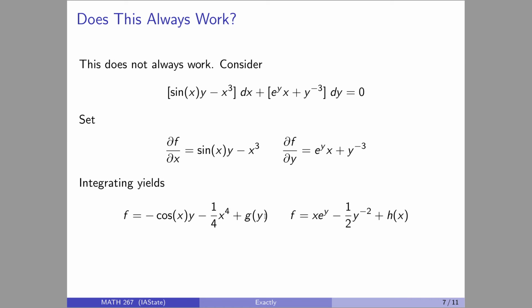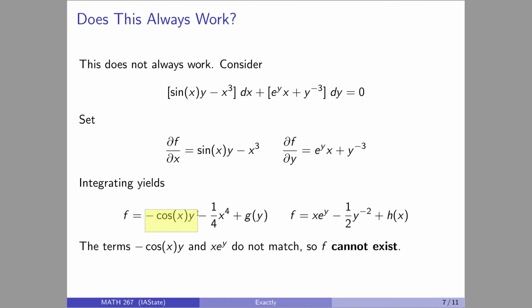The mystery function with respect to y that shows up matches with here, but this term and that term do not match. These are never equal to each other. There are some choice values of x and y that would make them line up, but they don't always equal each other. So such a function literally does not exist. That means the method does not always necessarily work.